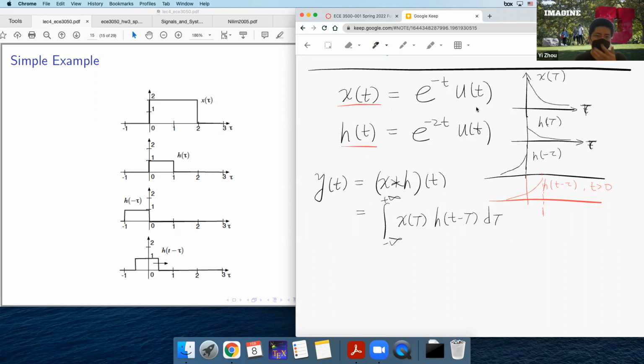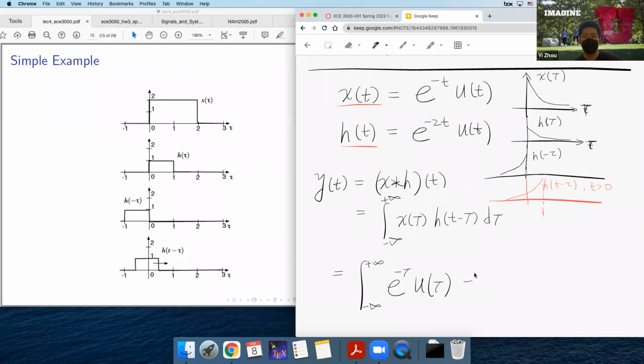We know x(t) is given as this one, so x(tau) is basically replacing t by tau in this equation, which gives e to the power negative tau times u(tau). And the same for h(t minus tau): I'm just replacing t by t minus tau in the h signal.